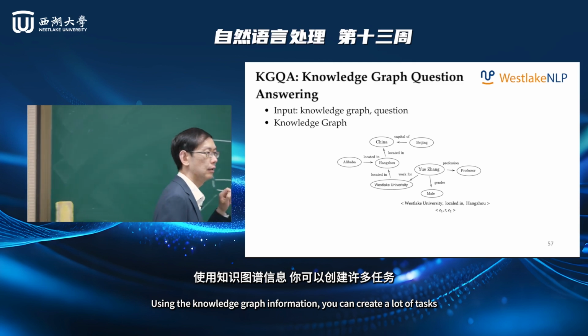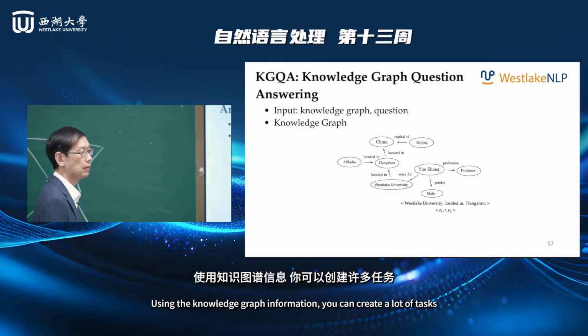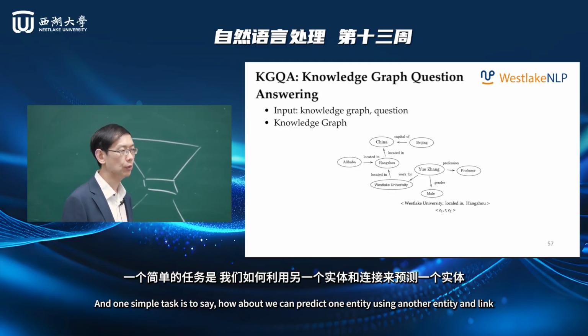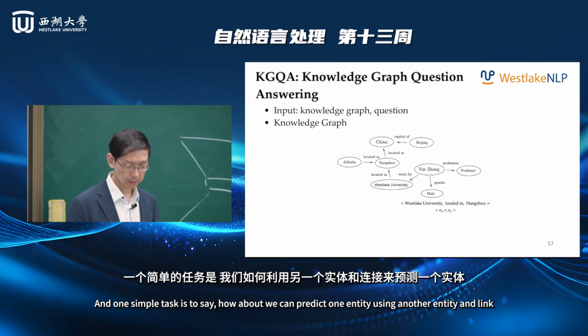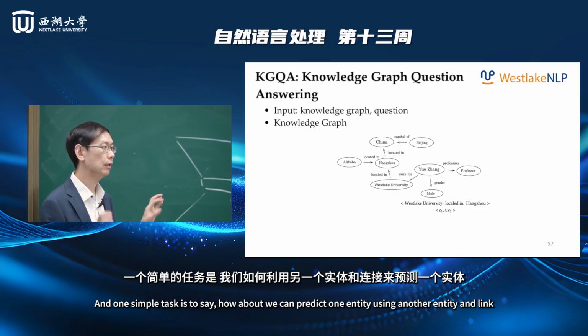Using the knowledge graph information, you can create a lot of tasks. And one simple task is to predict one entity using another entity and the link.